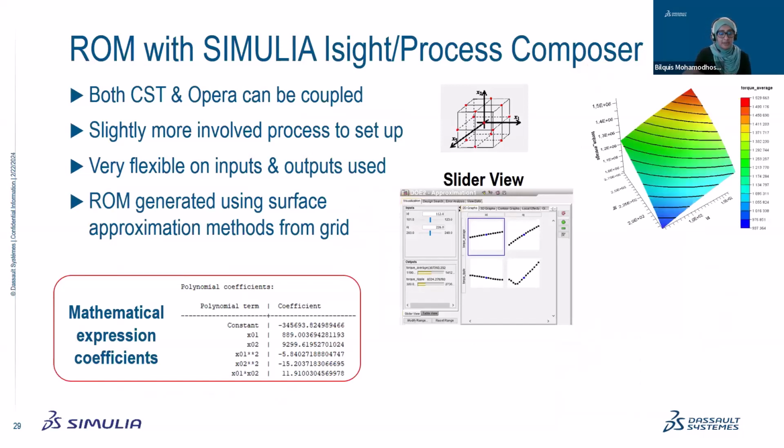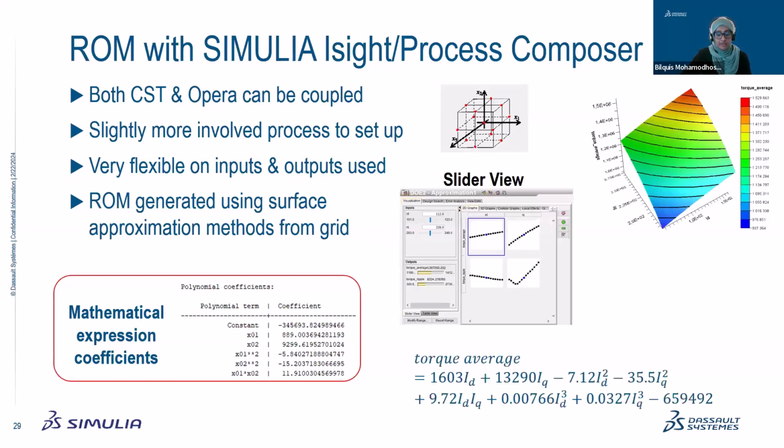So for example, here I'm showing a mathematical expression that was derived for a torque average, which is easily reused. One equation is very easily executed in Python, for example, and that can be very nicely integrated with any other physics.